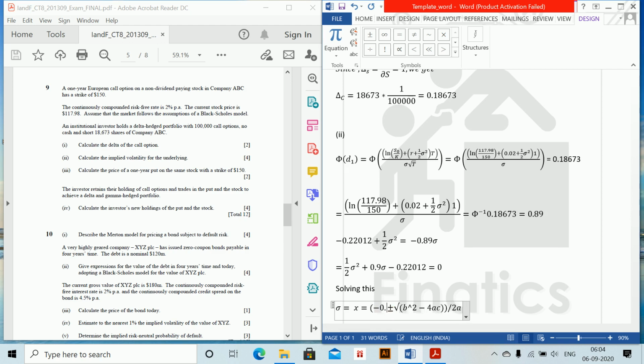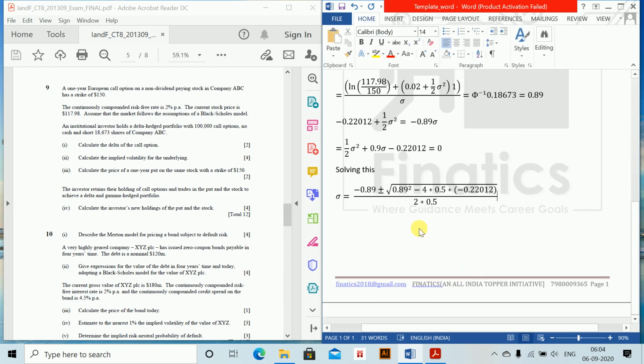minus 0.89 plus or minus the square root of 0.89 square minus 4 into 0.5 into minus 0.22012, divided by 2 into 0.5.